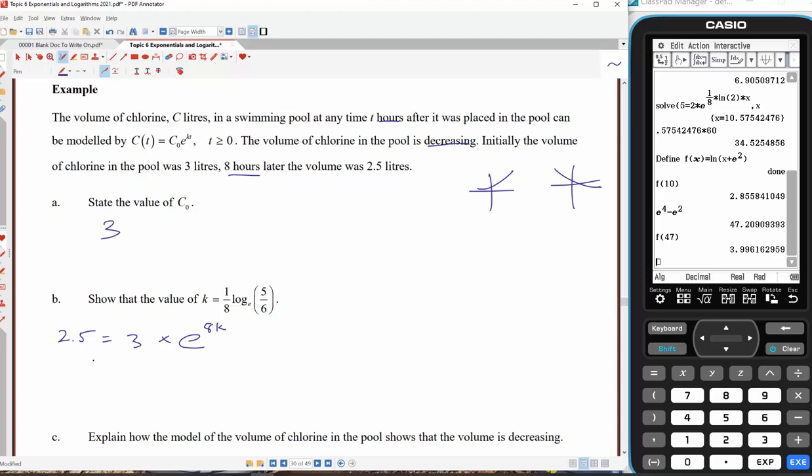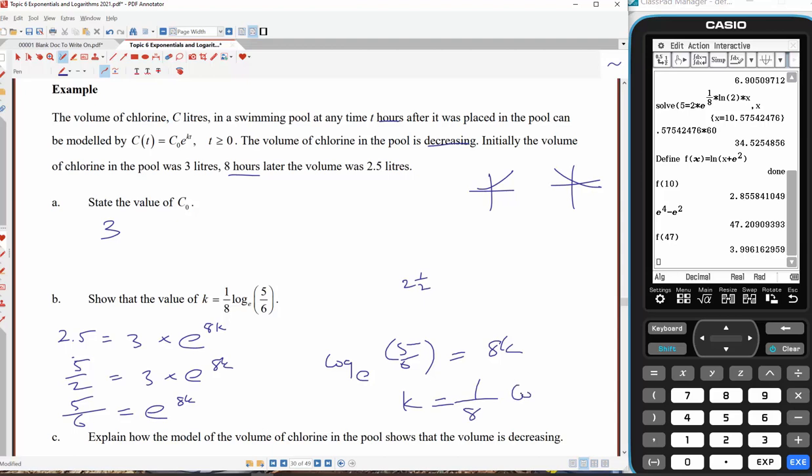So 2.5, which is 5 on 2. Divide by 3, that's 5 on 6 equals e to the 8k. Log e 5 on 6 equals 8k. Therefore, k is equal to 1/8 log e 5 on 6 as required.